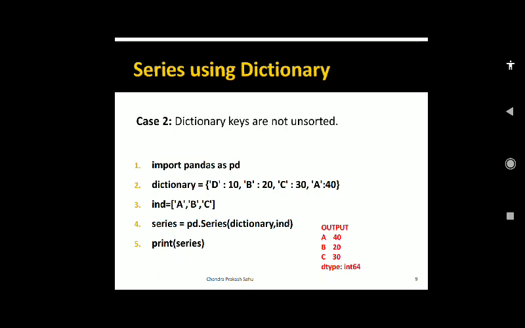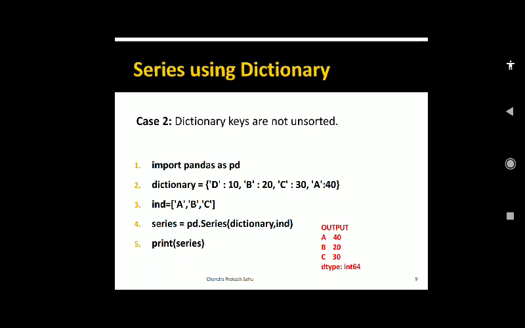The keys that are matched with this list's values, their corresponding value is treated as the series value. For example, the first element of the index list is A, which is searched in the dictionary and matches the key value pair where the corresponding value is 40. So the first index is A and the corresponding value is 40.